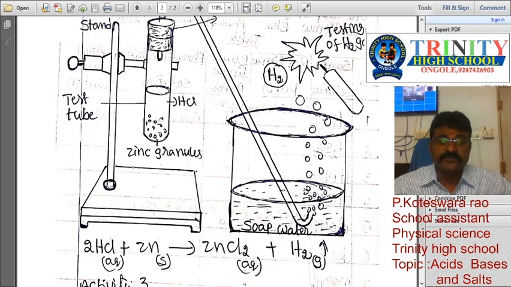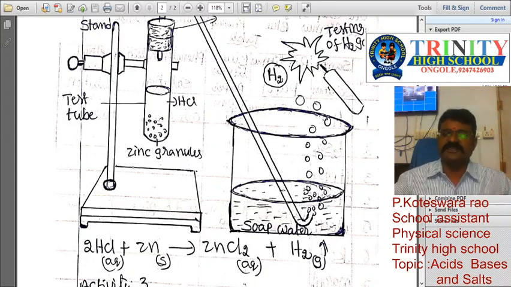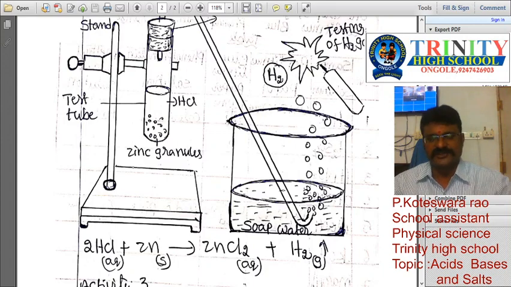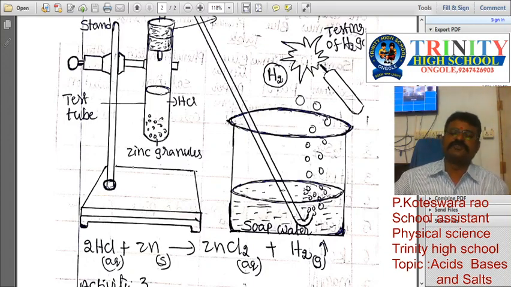Why do we write aqueous, s, aqueous, g? These are called physical states of substances. If it is in liquid state, we use l. If it is solid, we use s. If it is mixed with water, it is called aqueous. If it is a gas, we use the upward arrow mark.